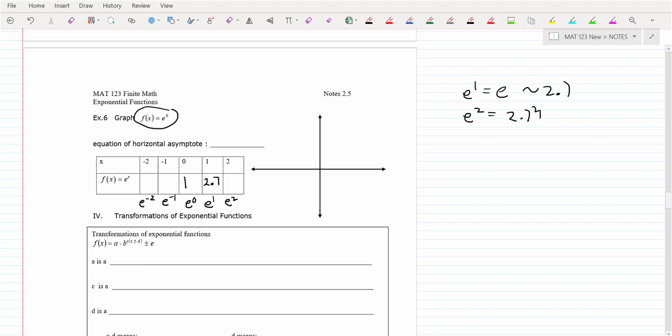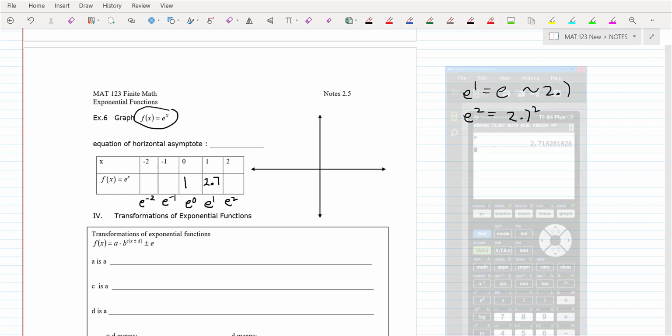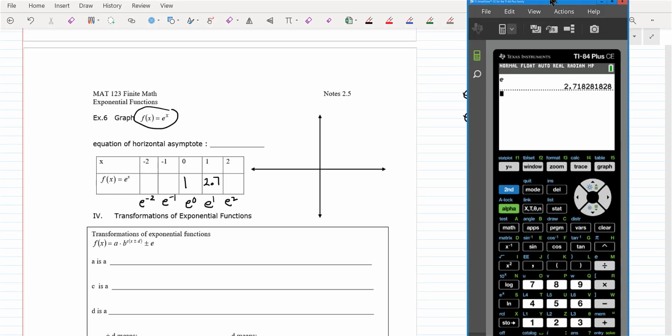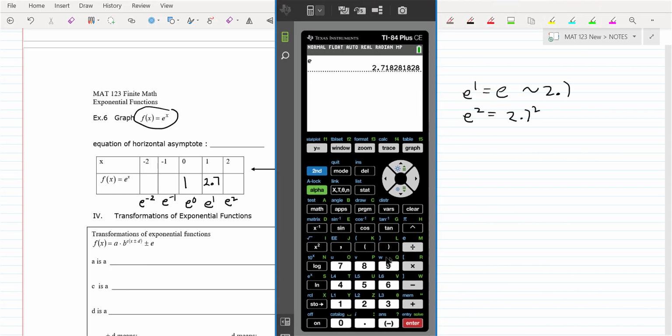So I'm just going to do that on the calculator, just to give you an estimation. You can go second e to get that to come out, then you can go to the second power. There's more than one way to put that in your calculator. So that's about 7.4. Let's just record that as about 7.4.